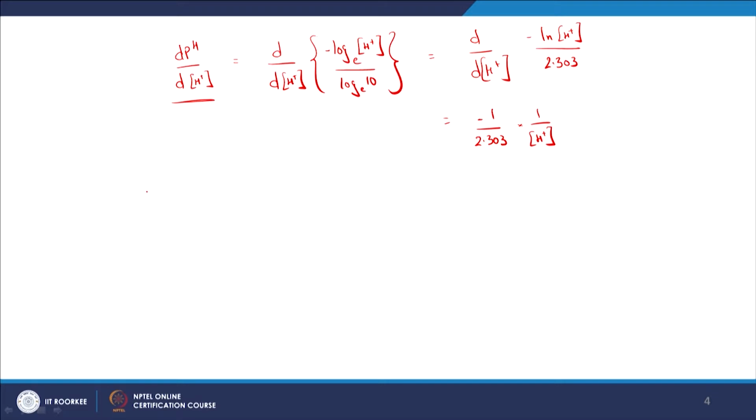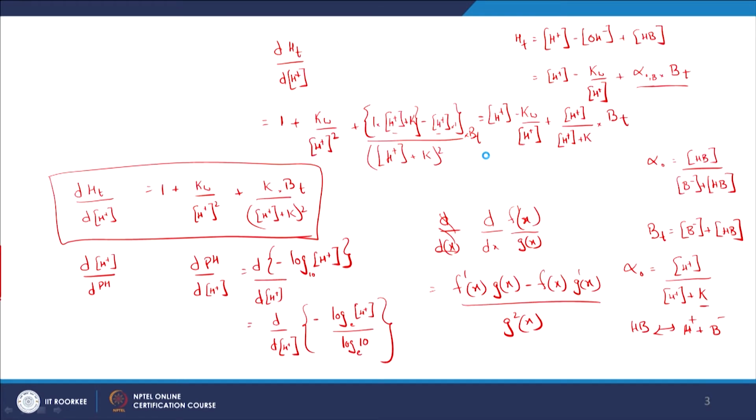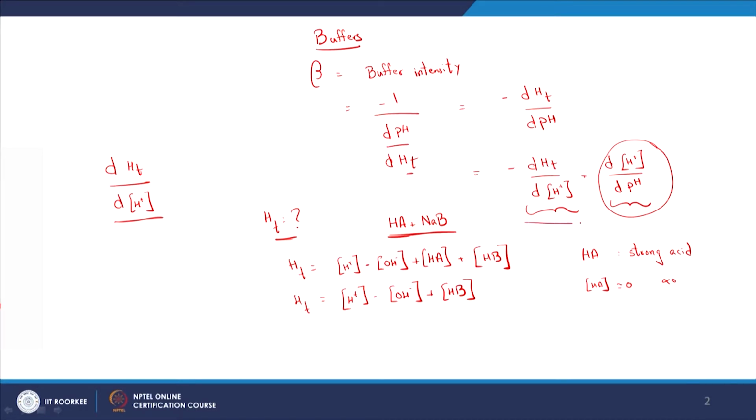So that's what we have here. But keep in mind, we are trying to calculate the derivative of h plus with respect to pH. So now that's going to be equal to minus 2.303 into h plus, right? So this is what we have. But again, keep in mind, what were we trying to calculate? We are trying to calculate this particular variable. So let's try to plug that in.